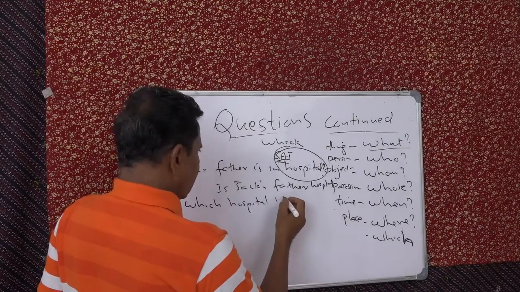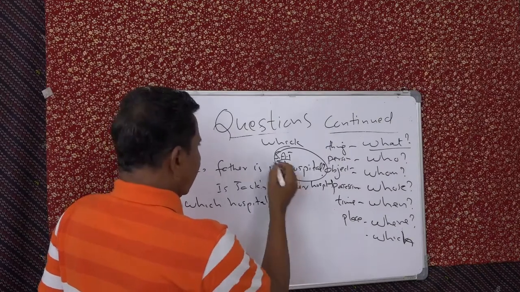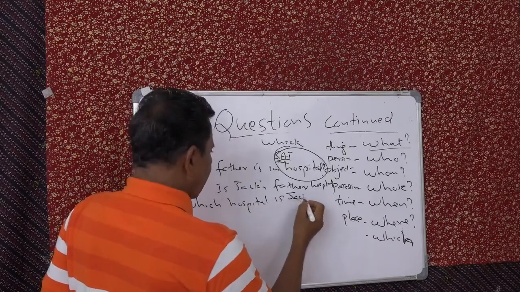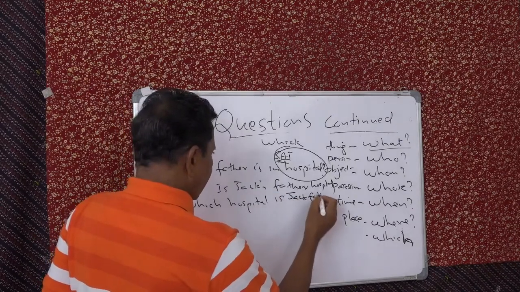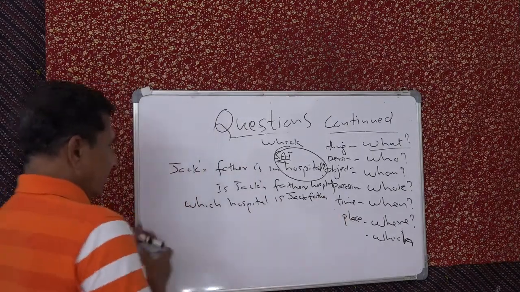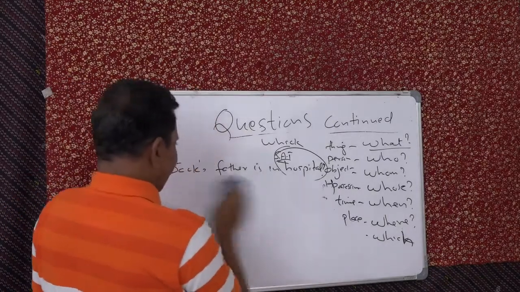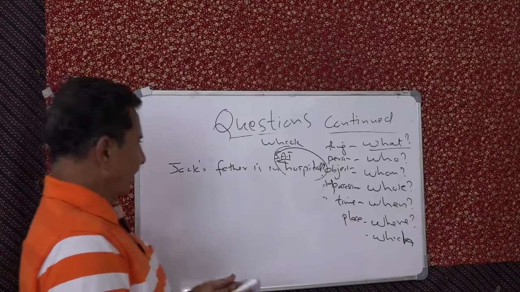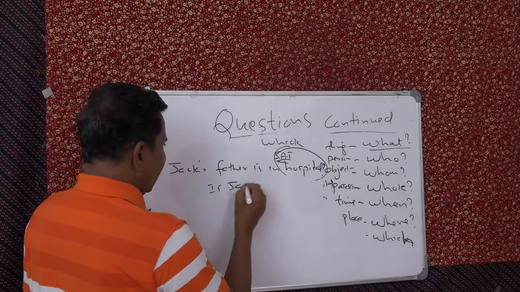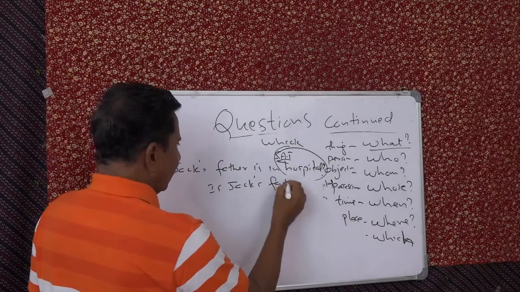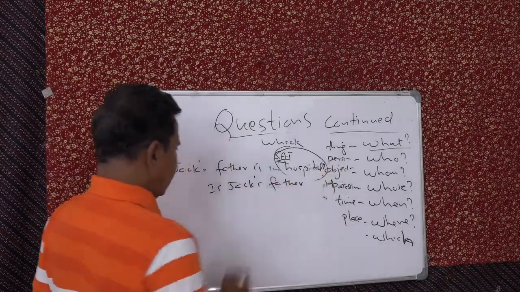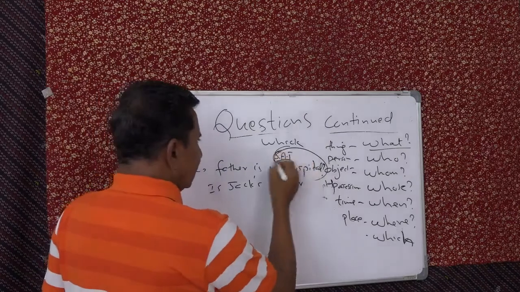The subject is Jack's father. So the reverse, you have to say, is Jack's father. Isn't it? Instead of this we say which.